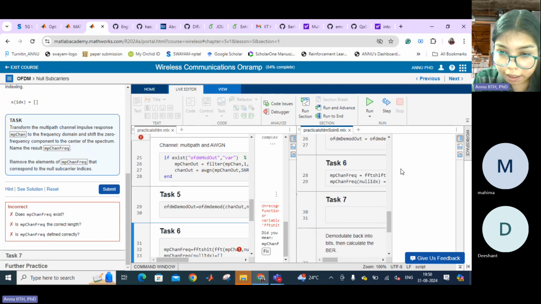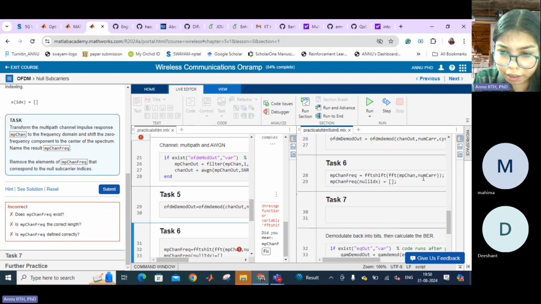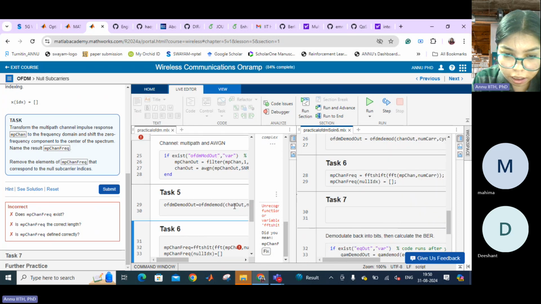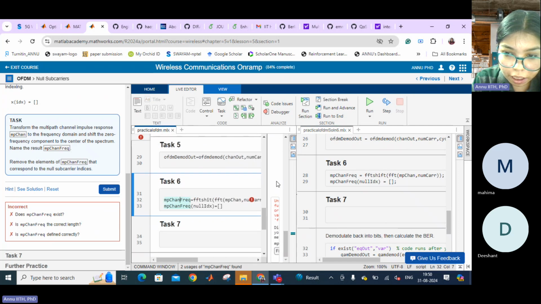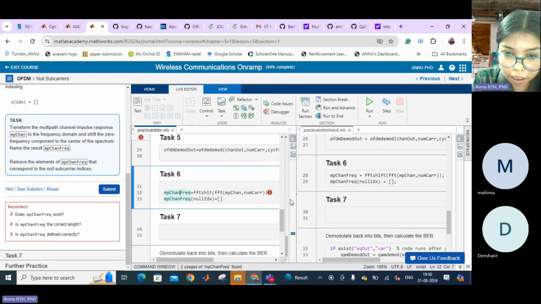Task 6. I think we have done the same. FFT shift, FFT, MP channel, number of carriers, null index.